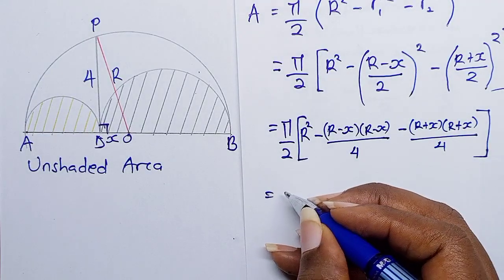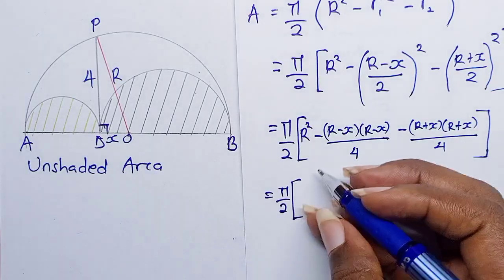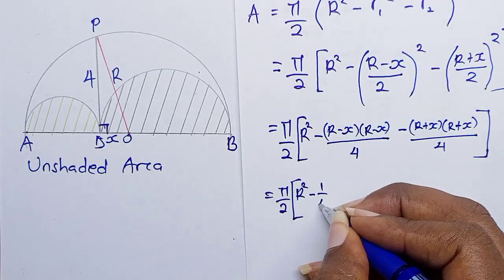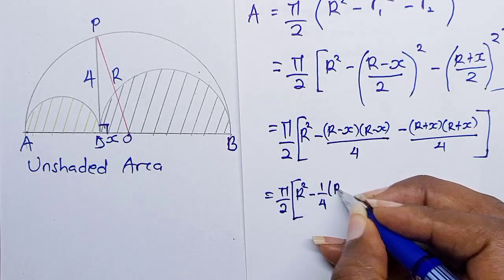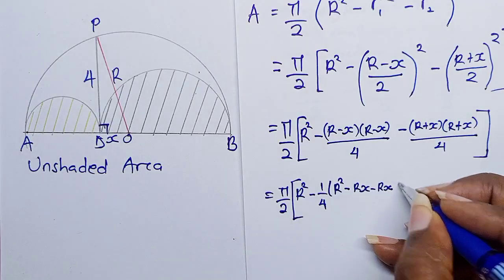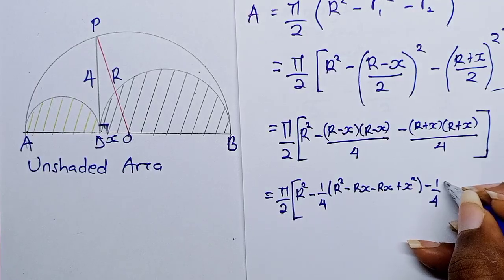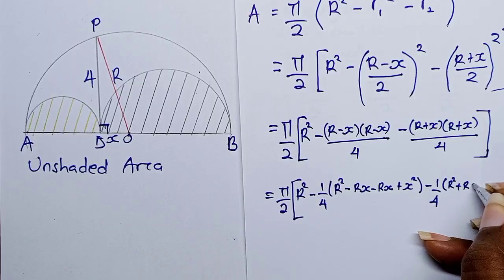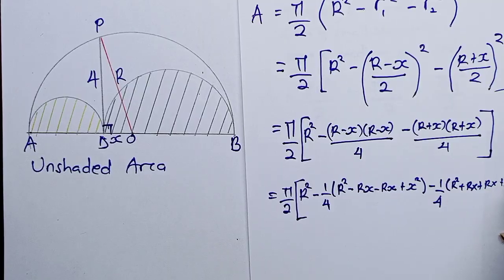So this is equal to pi over 2 into R squared minus 1 over 4. When you expand this, you get R squared minus RX minus RX plus X squared, minus 1 over 4 into, when you expand this, you get R squared plus RX plus RX plus X squared.